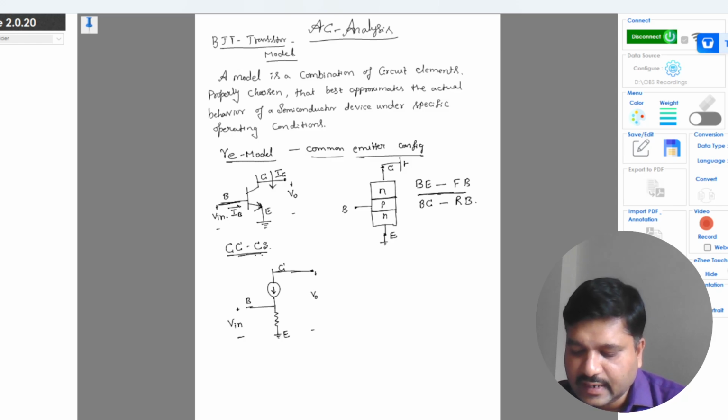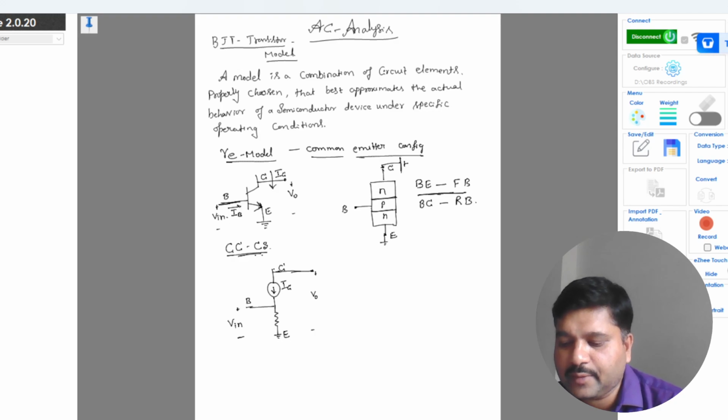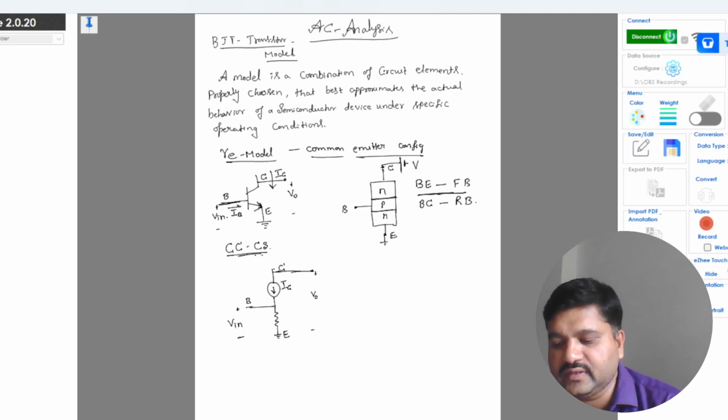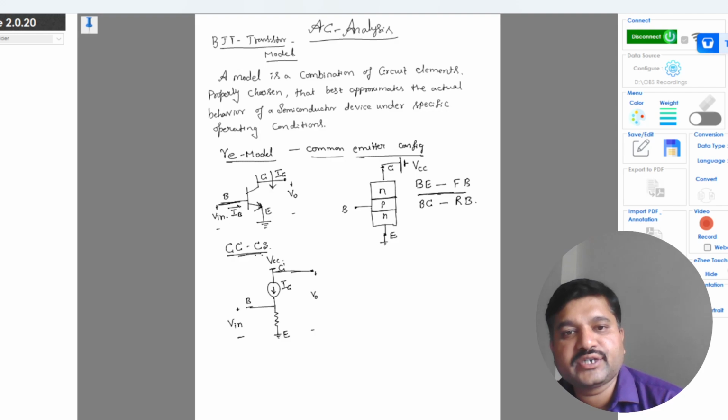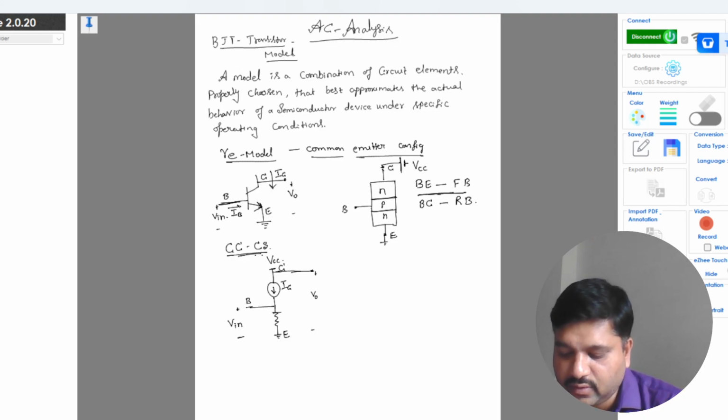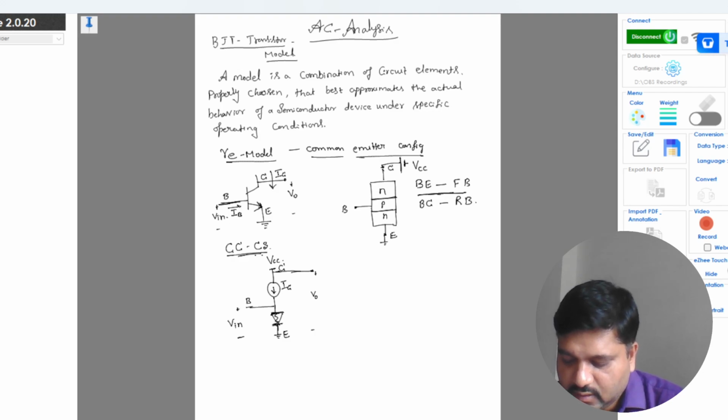The output is basically a current IC which is drawn from the collector terminal, which is connected to the higher potential VCC. By making this base to emitter junction a diode, sorry, this has to be represented as a diode. This diode has to be forward biased.